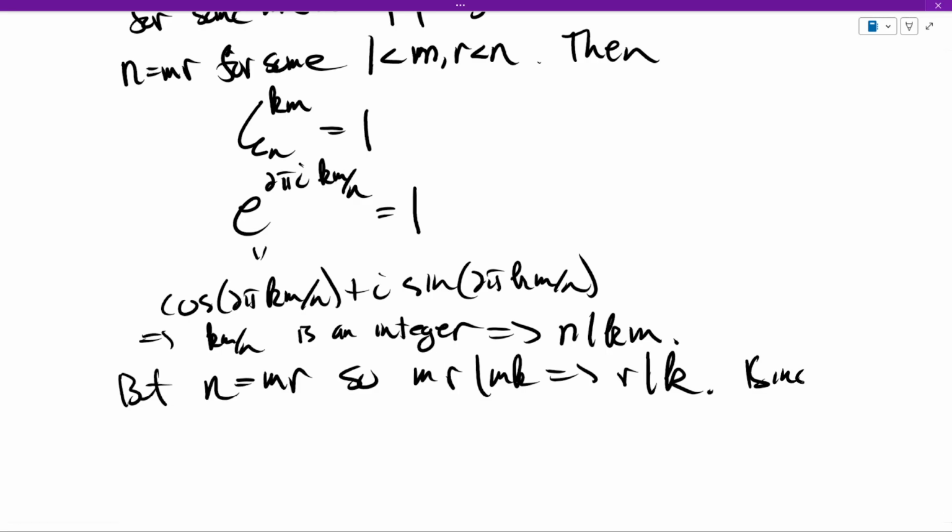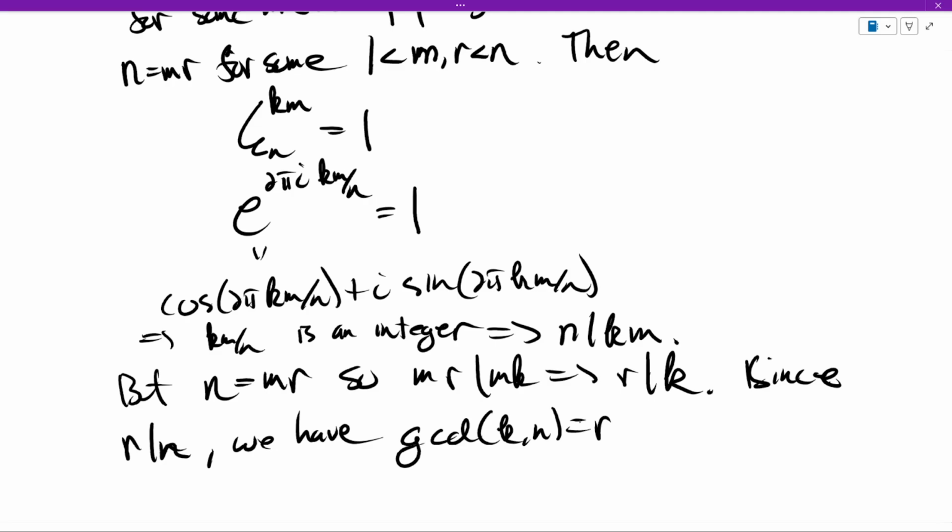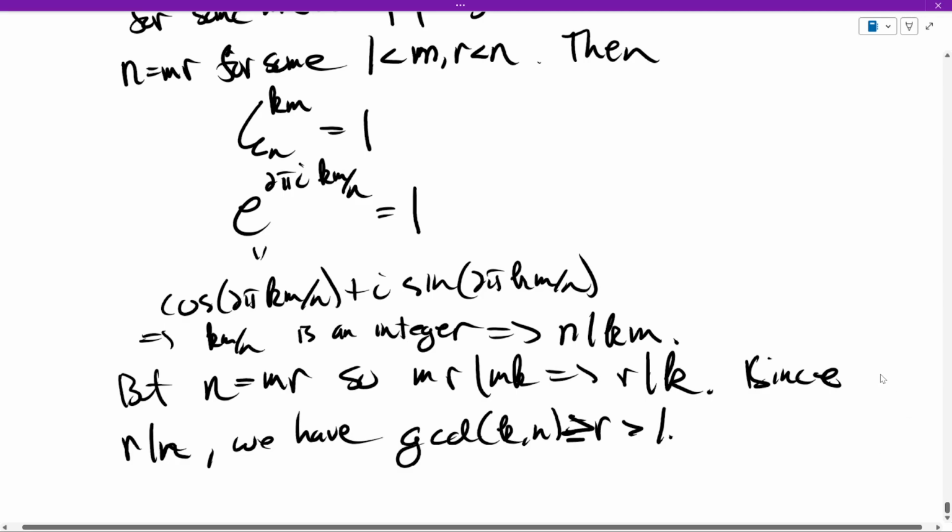Since r divides n, because n is mr, we have that r is a divisor of k and n. And so the GCD is at least r. It might be bigger than r, but it's at least r. And m was a proper divisor of n, so r is strictly bigger than 1.